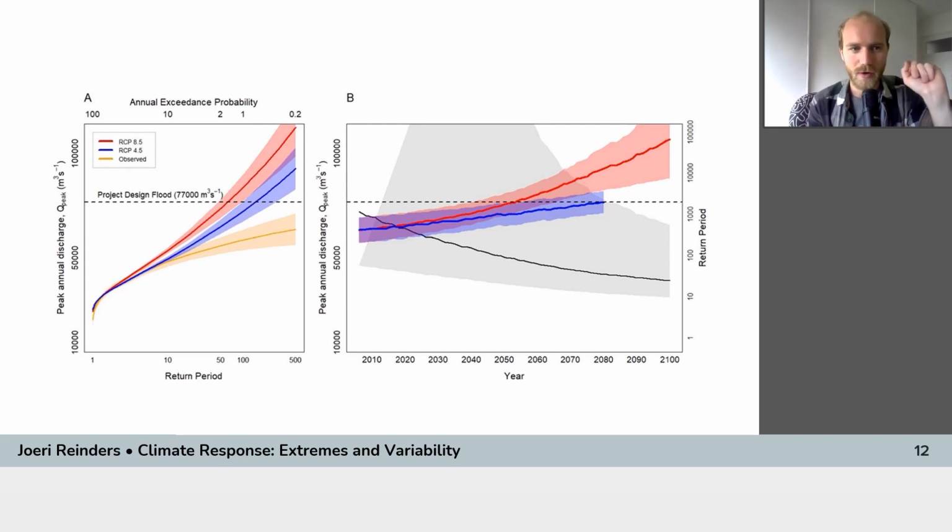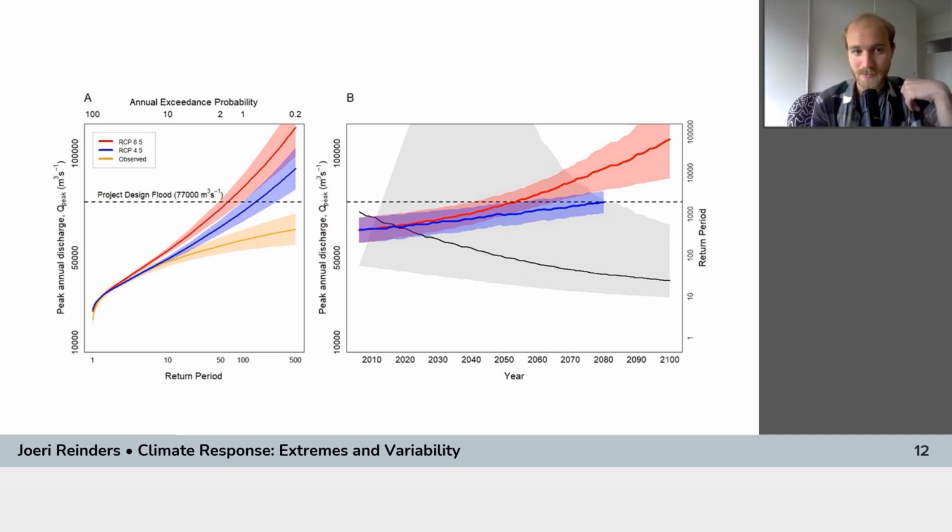In this case, climate scenarios RCP 8.5 and RCP 4.5. If you don't know what those are, they are the predecessors of the SSP scenarios, with RCP 8.5 being the worst case scenario, and RCP 4.5 middle of the road, if I make that easy. So in RCP 8.5, there's a lot of carbon emissions from fossil fuels, and in 4.5, a bit less.